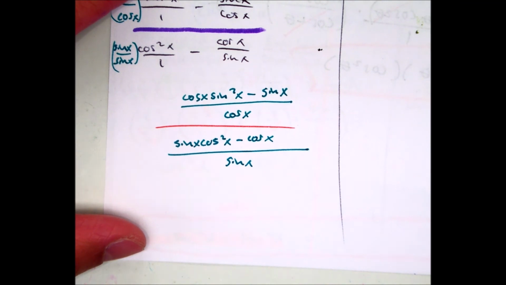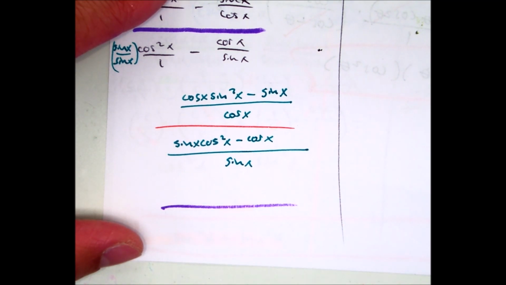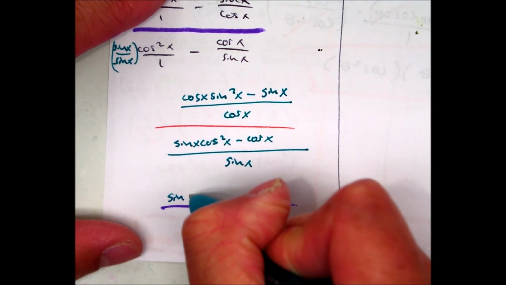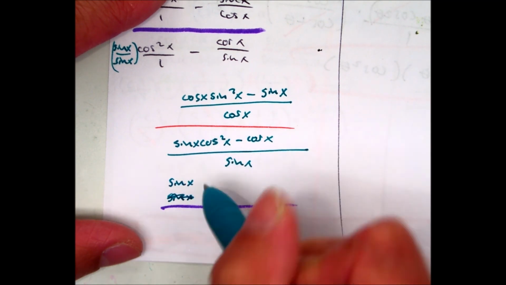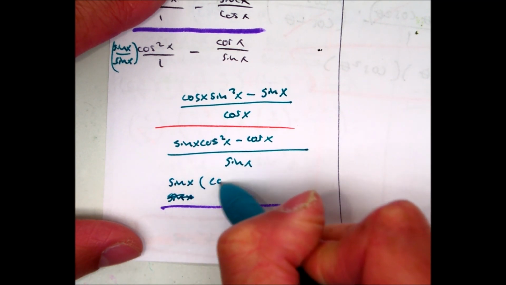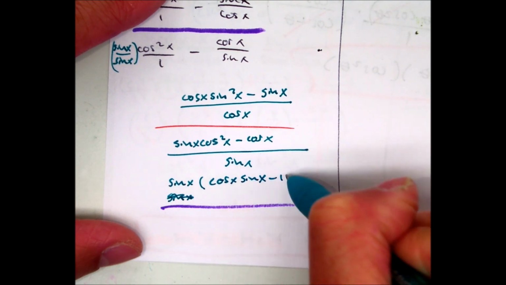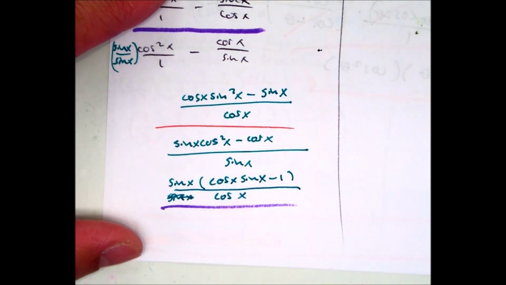What do you guys notice in the numerator here? You have a greatest common factor of what? Sine. So sine x, sine x times cosine x sine x minus 1 all over cosine of x.